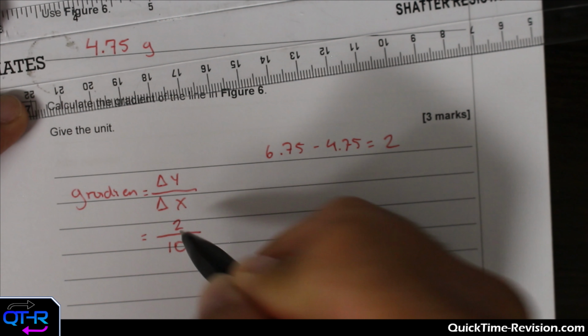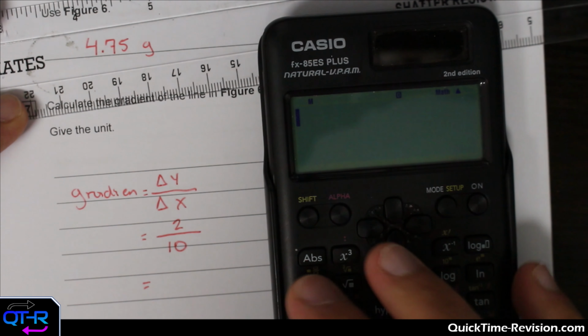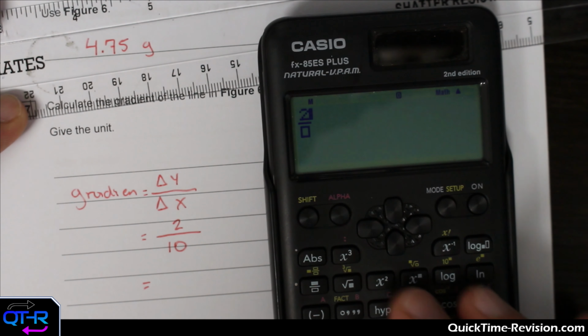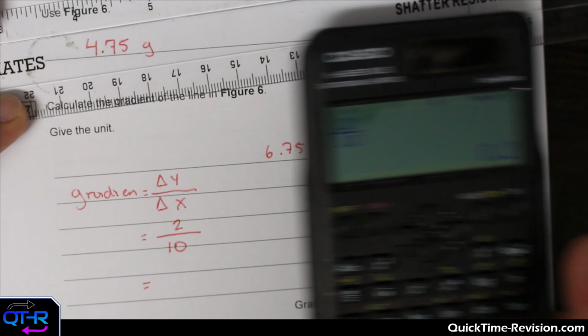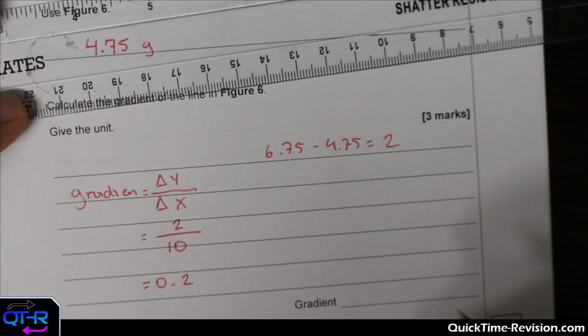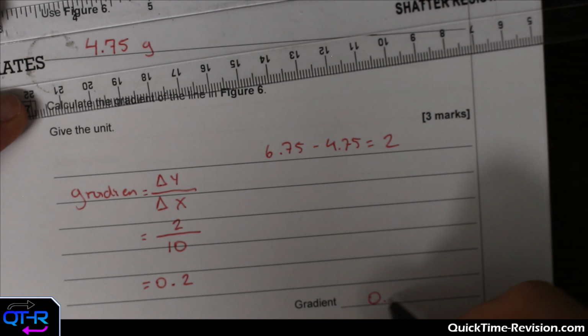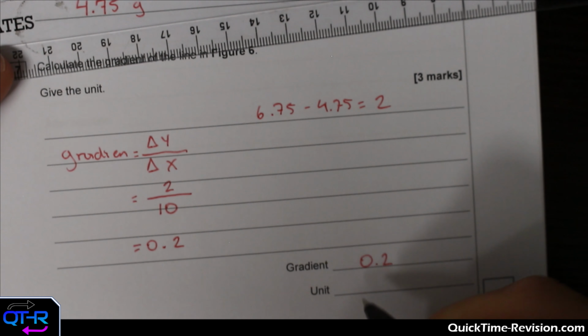So my change in y is going to be 2. Now I only have to divide those two. So 2 over 10 equals 0.2, and that is my gradient. The gradient is 0.2, and the units are going to be grams per hour.